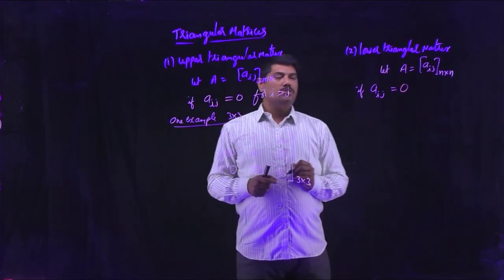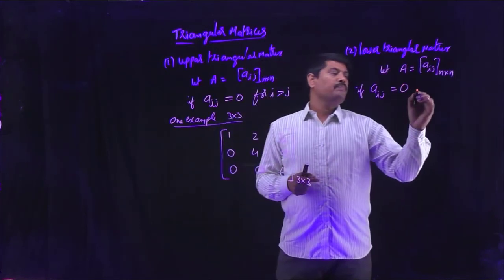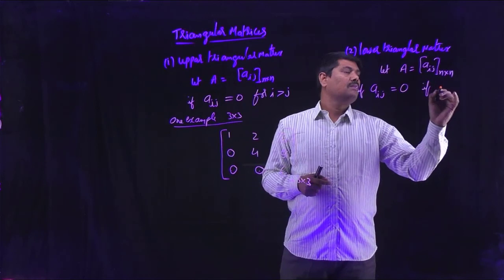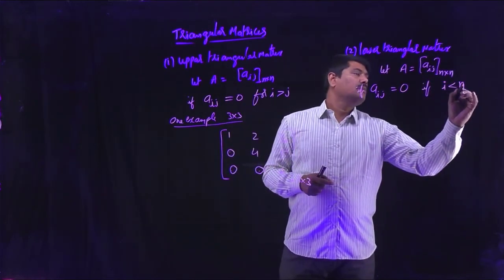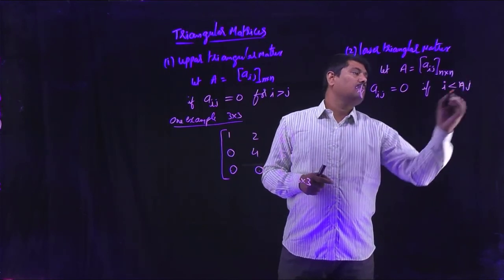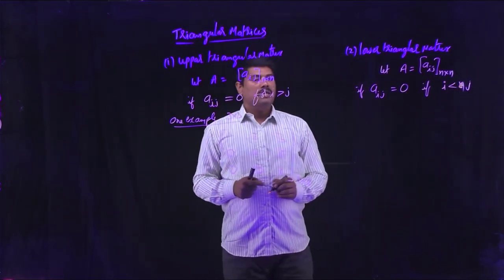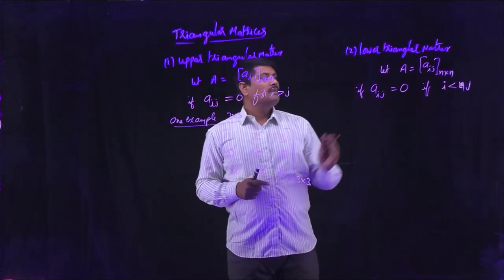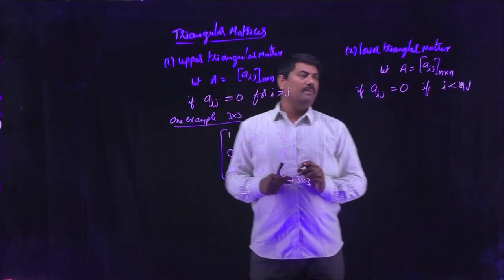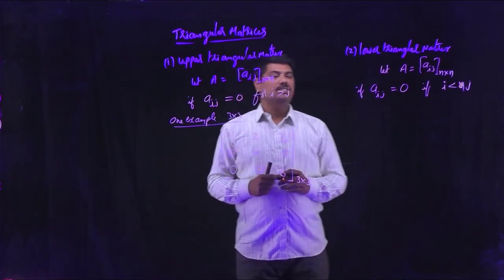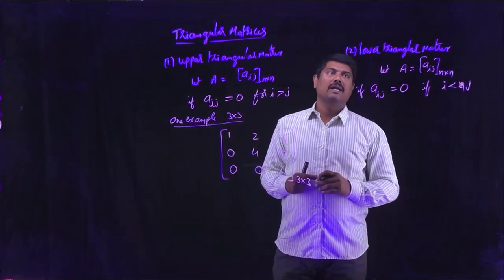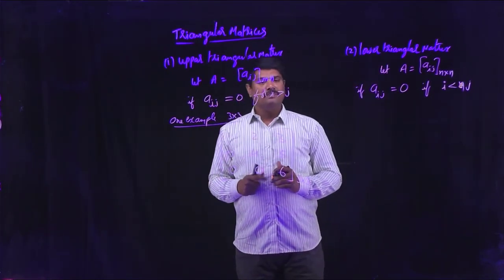Aij is equal to 0, the element has to be 0 if its row number is less than column number, i less than j. If the elements of the square matrix are all zeros for those elements which are having i less than j, such matrix is called a lower triangular matrix.